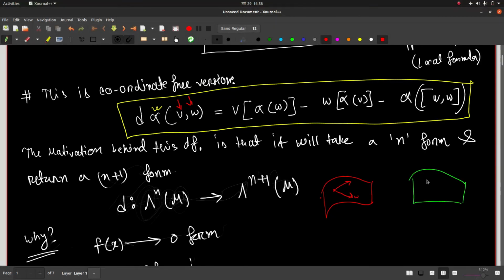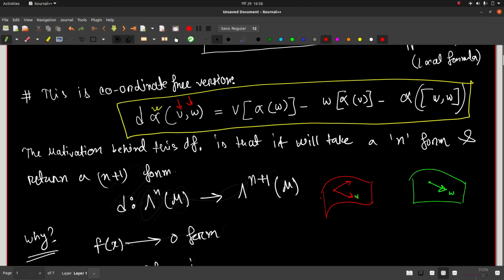That means now you take your alphas and make a weighted sum with the w's, sorry, this should be a v, w's, and then you want to move in the v direction and see how the form changes, because there is no direct way of measuring a change in the form. So what you do, you associate some vector fields with the form and then you try to measure the changes.